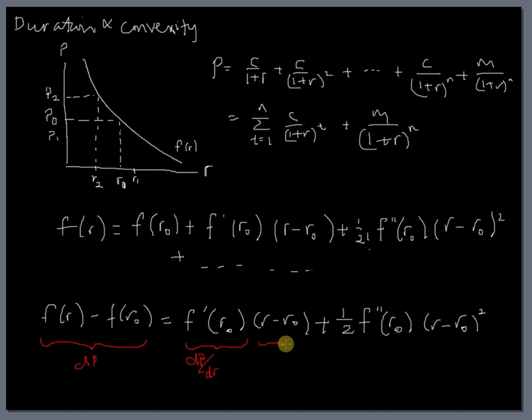This one is the second derivative of price with respect to yield, again multiplied by the change in yield squared. So when we rewrite this equation like that, this whole function becomes, I'll try to squeeze it in here.